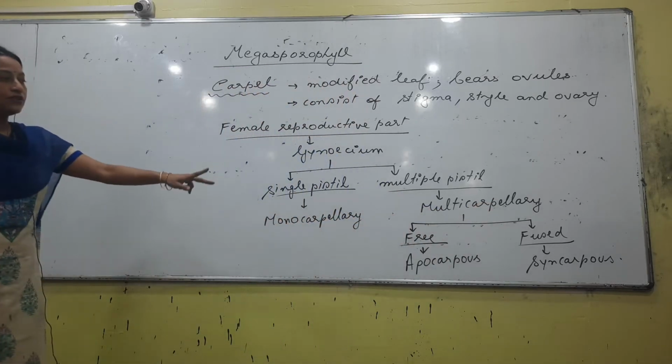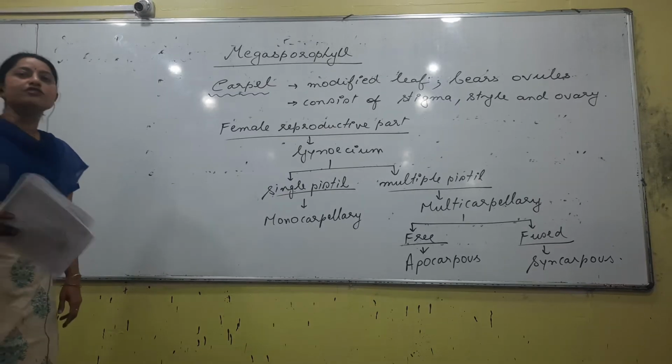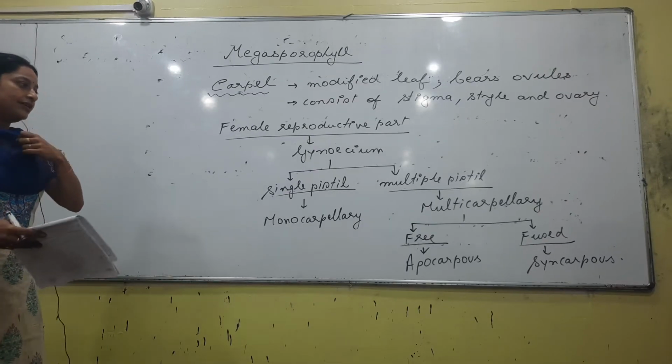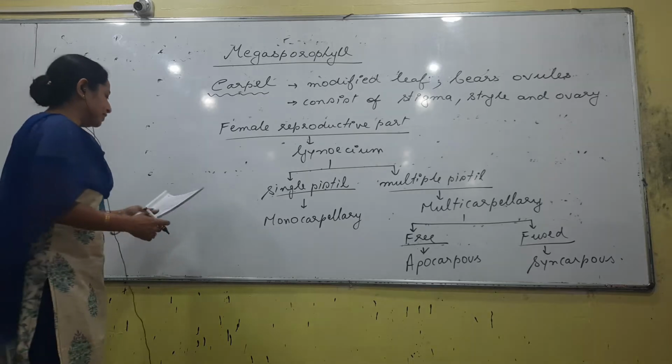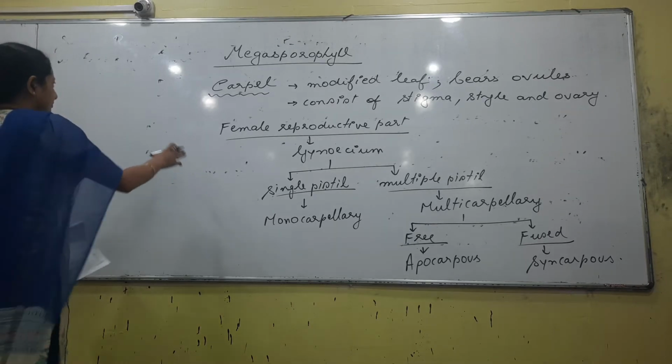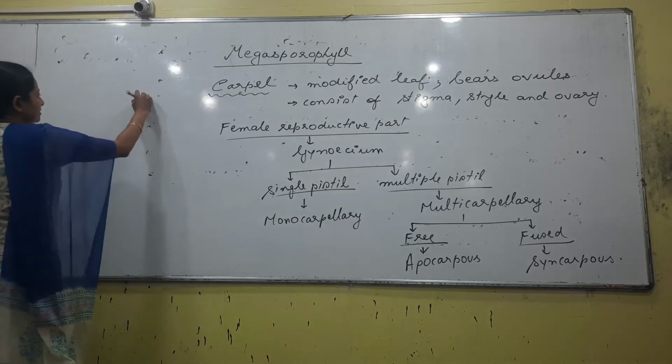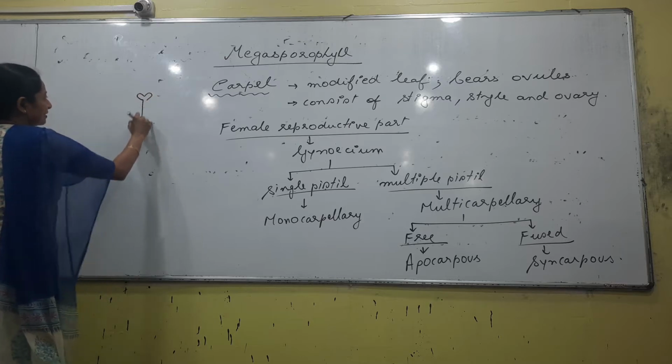And since we have two different words, those two words are important from the morphology point of view also. Apocarpous, syncarpous, we have to know these words. And talking about stigma, style, ovary, we have to write.